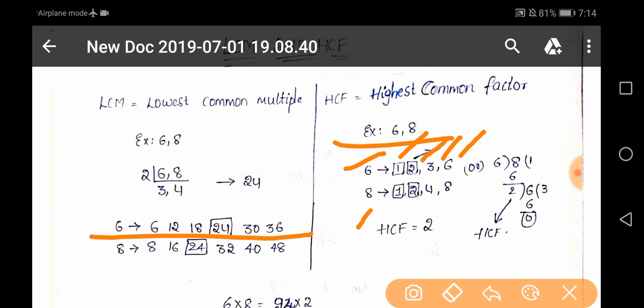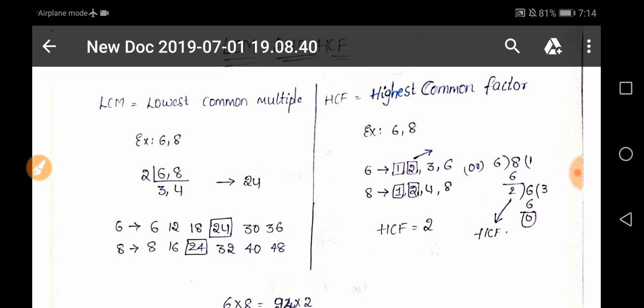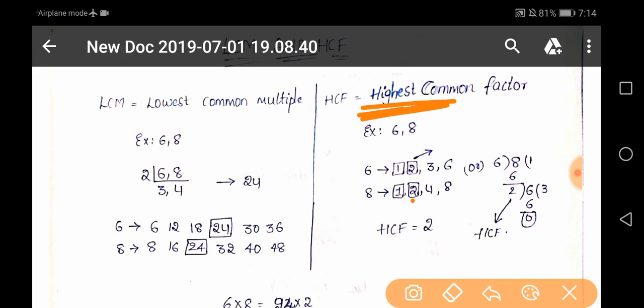So here we have common factors 1 and 2. So what do we have to take? Here is a doubt for you all. HCF is nothing but highest, so you have to take 2 as the HCF because it is the highest common factor.